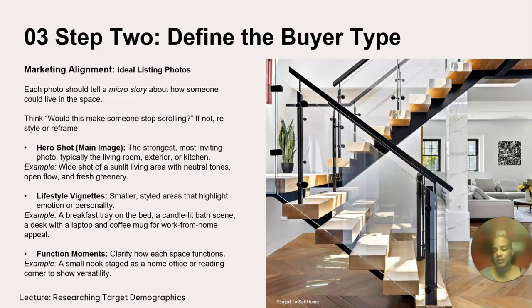And then in the other spaces, you can have lifestyle vignettes, which are much smaller. They're styled to highlight emotion and personality. It could be fruit baskets, vegetables in the kitchen, or wine glasses set on the table, something that lets your buyer type know they can see themselves in this property. Oh, and then function.